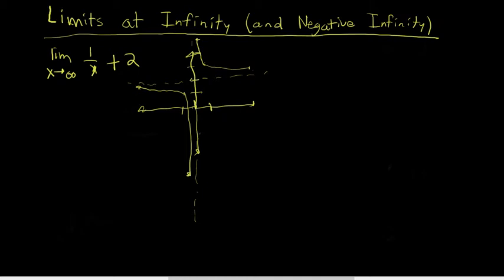And so you can tell there is a horizontal asymptote at y equals 2 and a vertical asymptote at x equals 0.